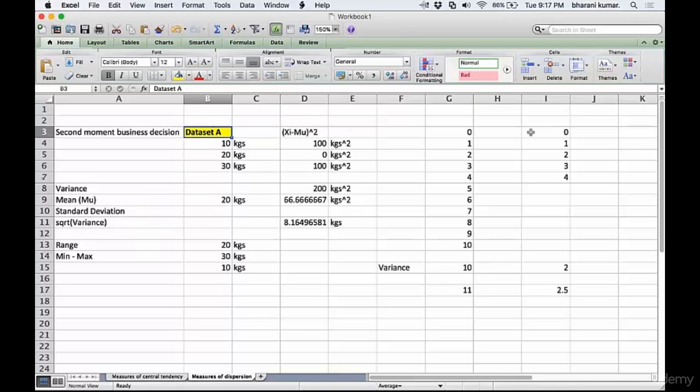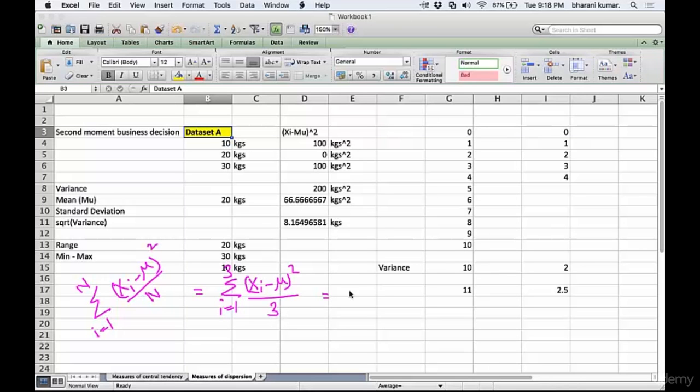The formula to calculate variance is as follows. Sigma i equal to 1 until n, xi minus mu whole square, and you divide it by n. Here I have three numbers, so I'll write this as sigma i equal to 1 until 3, xi minus mu whole square, and instead of n I'm going to replace it by 3 because we have 3 data points.